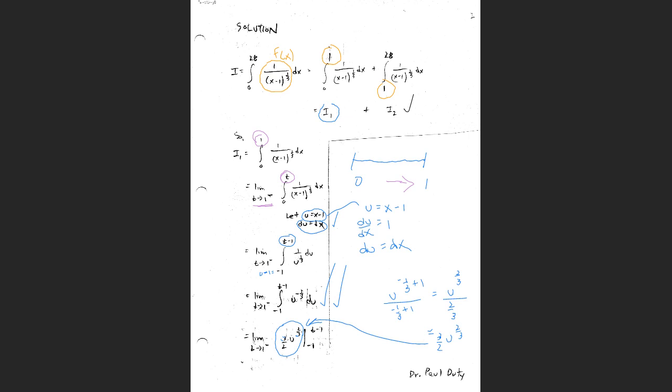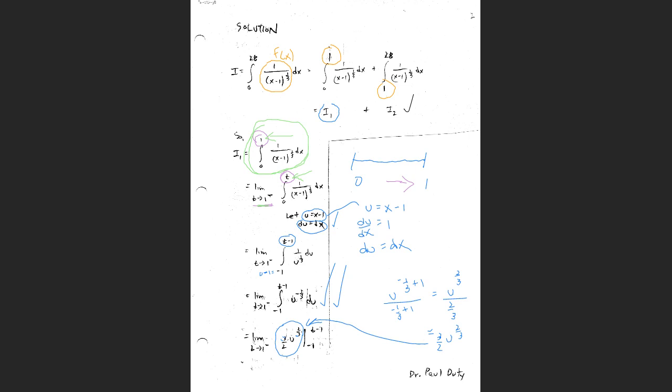Because here, for integral 1, this is the improper integral, right? And I'm replacing the 1 there with a t, right? And so if I take the limit of the integral as t approaches a number, wouldn't it have to approach 1? Yeah, because the top limit is 1.